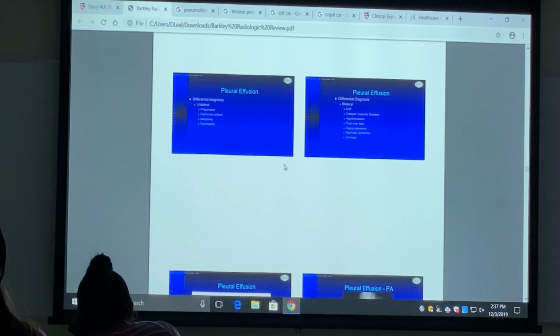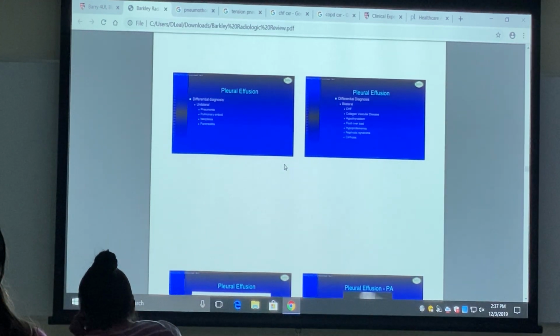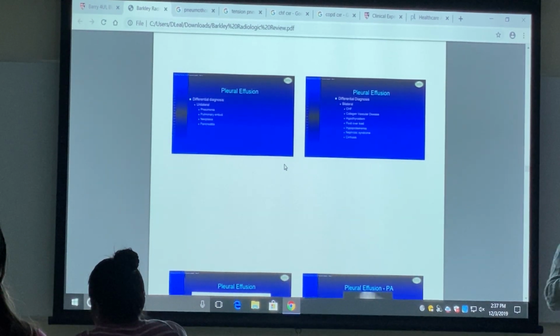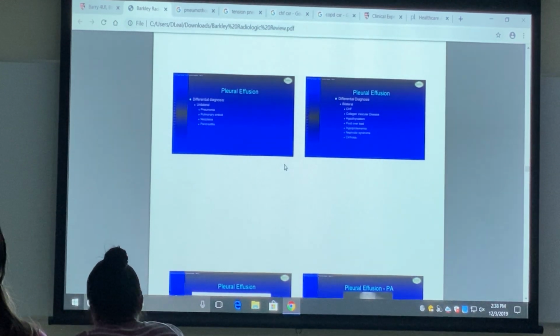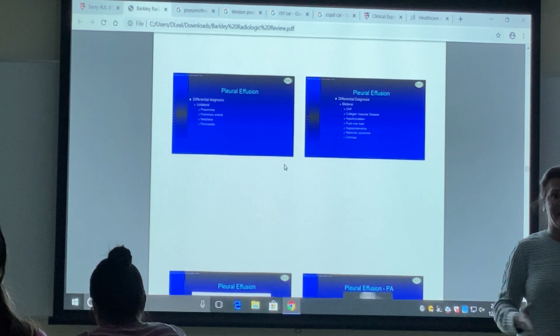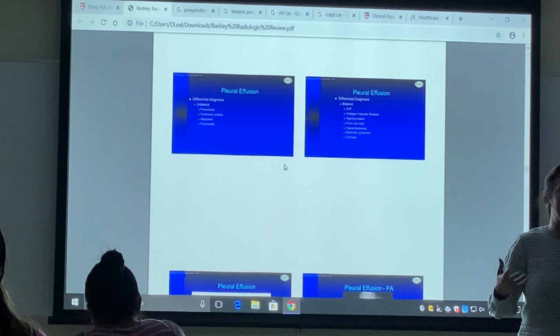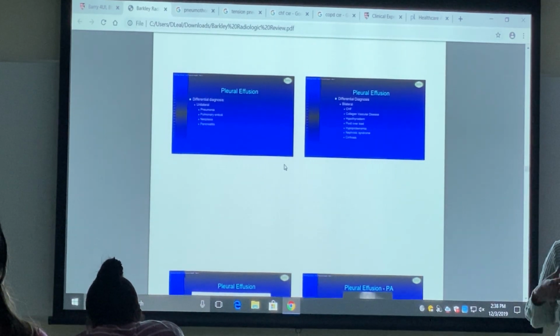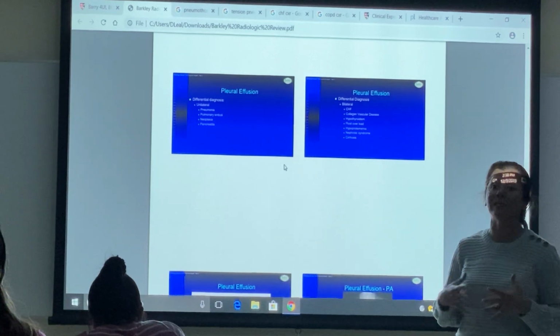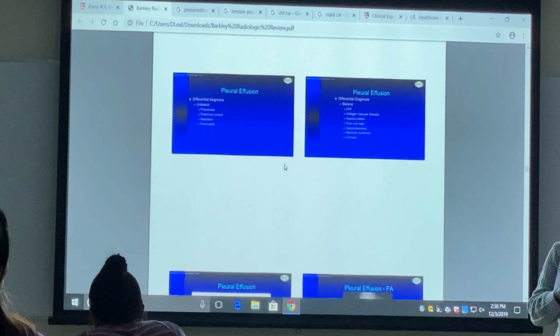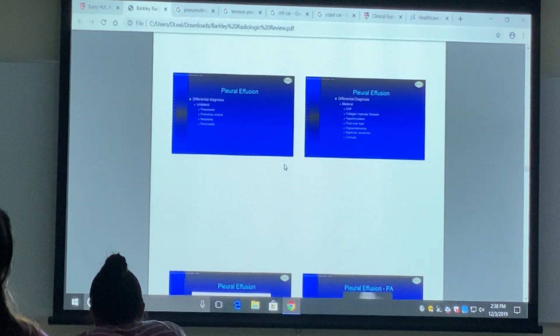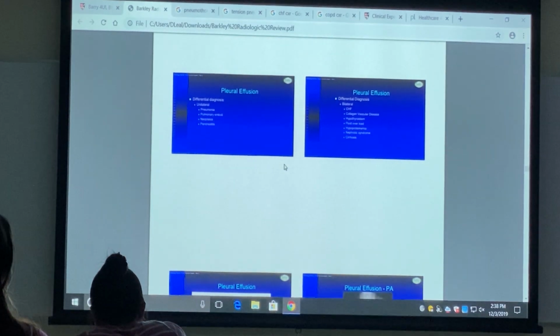Okay? So the majority of the time, we think about asymmetric effusion, meaning one-sided effusion, versus bilateral. If you have bilateral pleural effusions, it will make you think about more systemic conditions such as cardiomyopathies or cirrhosis of the liver, right?